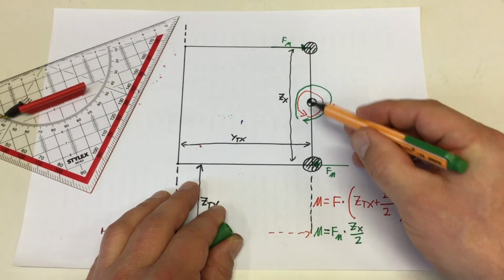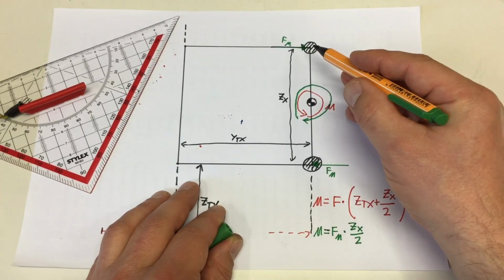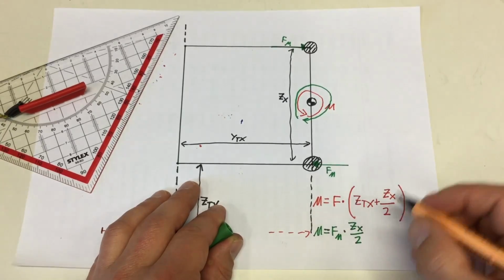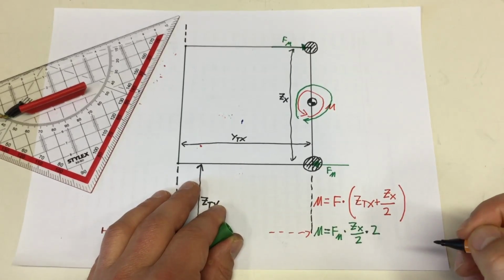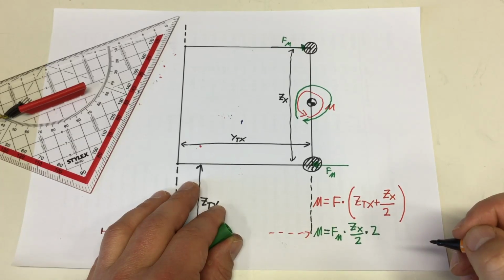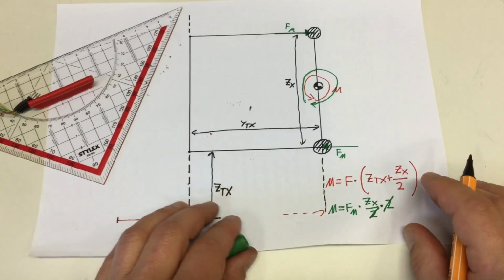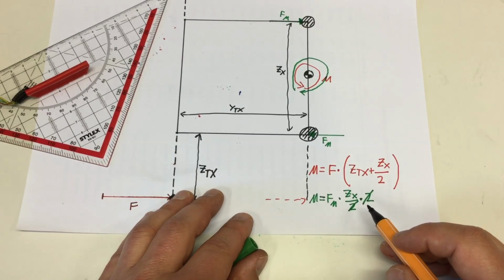Yeah, one lever pressing here, the other lever, force is coming from here, and yeah, we have this 2 times. Times 2, and yeah, we can forget about that, and this should be basically the same.